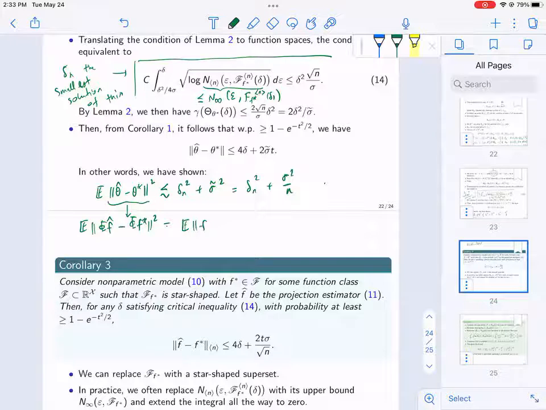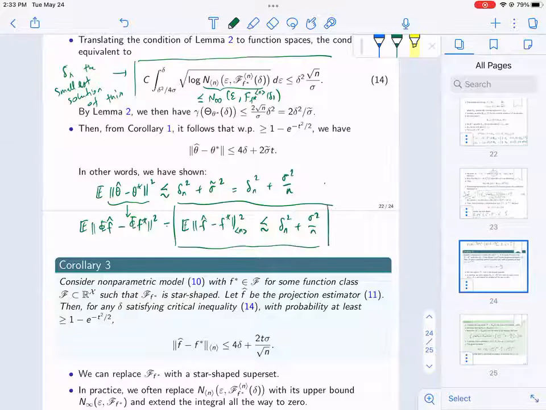So the result that you would show is that f hat minus f star in this empirical norm squared is, up to constants, bounded by delta n squared plus sigma squared over n. That's the final bound. Okay.